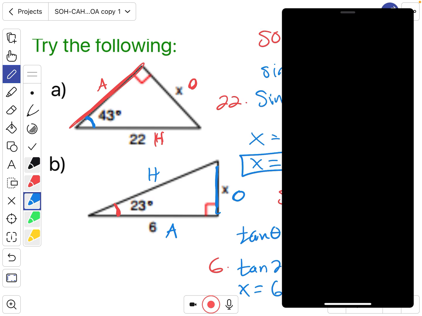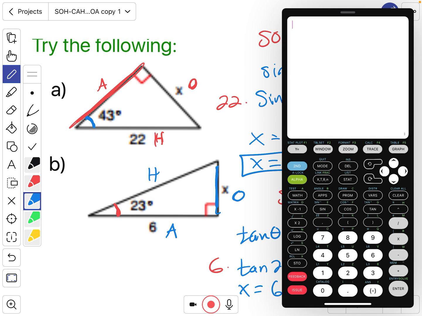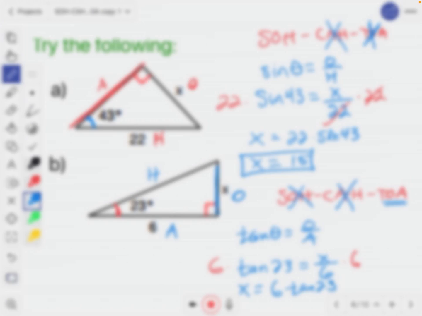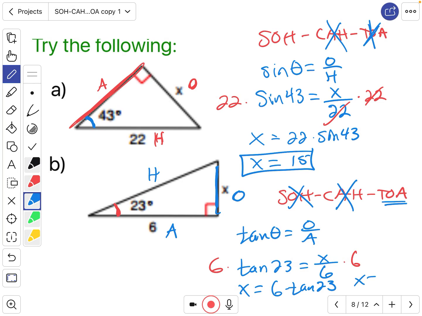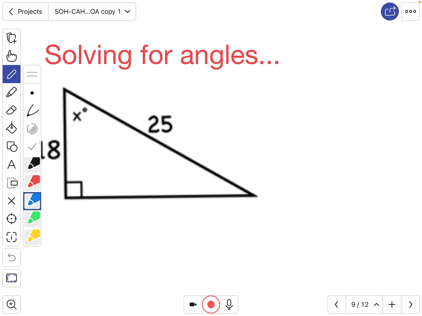If I pull up my calculator now, 6 times tangent of 23 in parentheses, enter. So about 2.55 if I did 2 decimal places here. There's my answer.